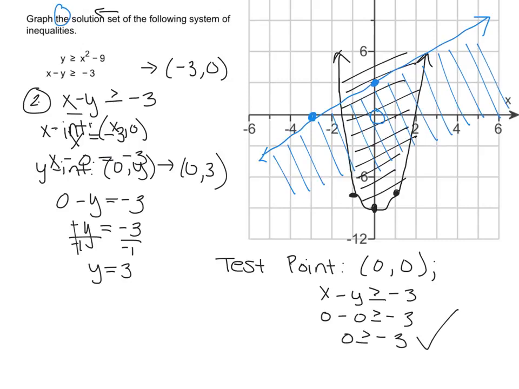Now that I plotted both inequalities on the same plane and shaded them accordingly, I'm going to only keep the shading of the overlap of the two inequalities. So if we look at this graph, the overlap in shading occurs in this region.